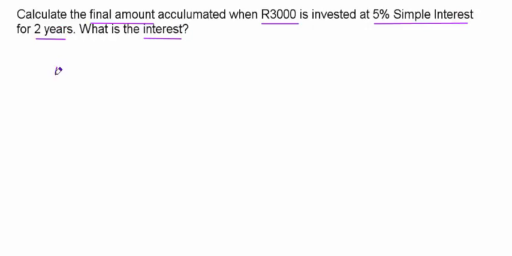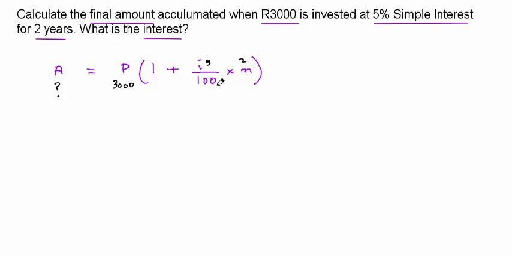If you think about the formula, amount is equal to the principal, or the amount invested, the initial amount, times 1 plus I over 100 times n. This one's given to be 3000 Rand. So that's 3000. I, the rate of interest, is 5%, so this is given as 5. And then n is 2 years. The number of years is 2. We need to find the amount.